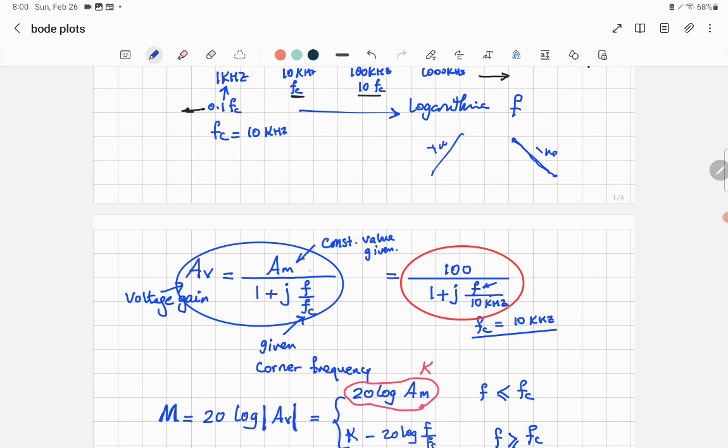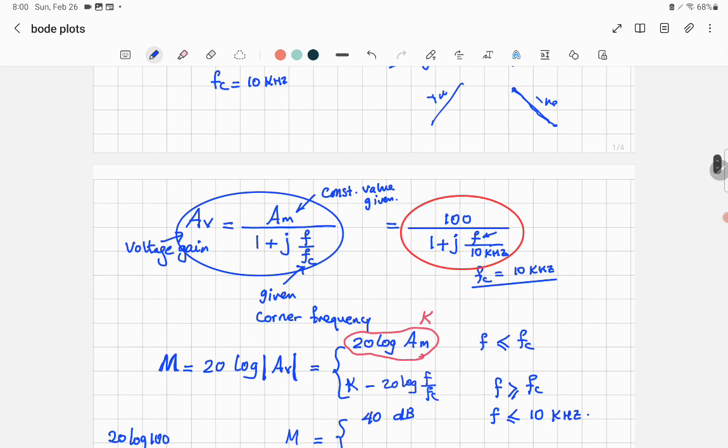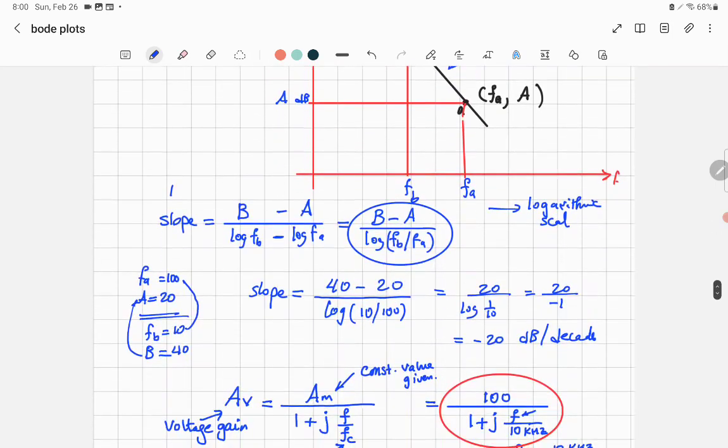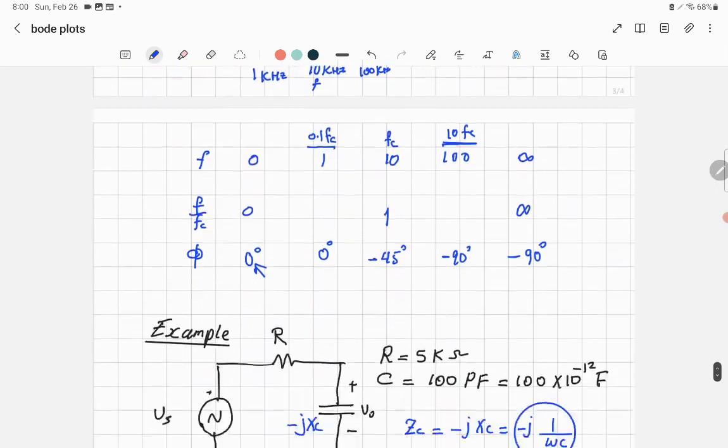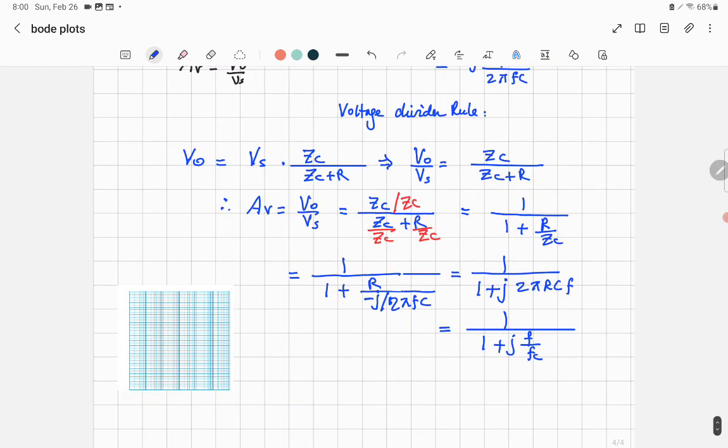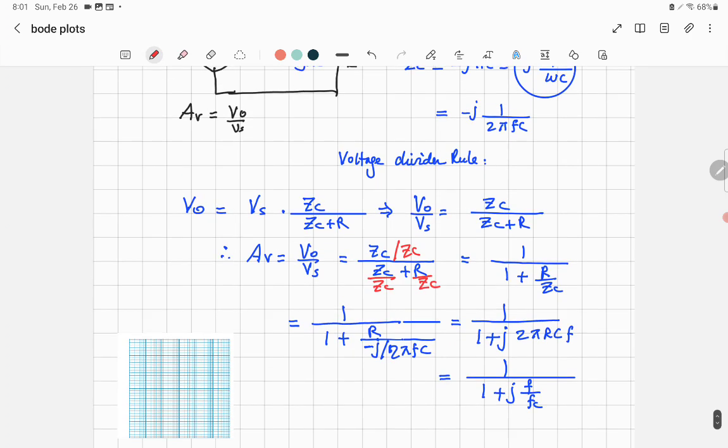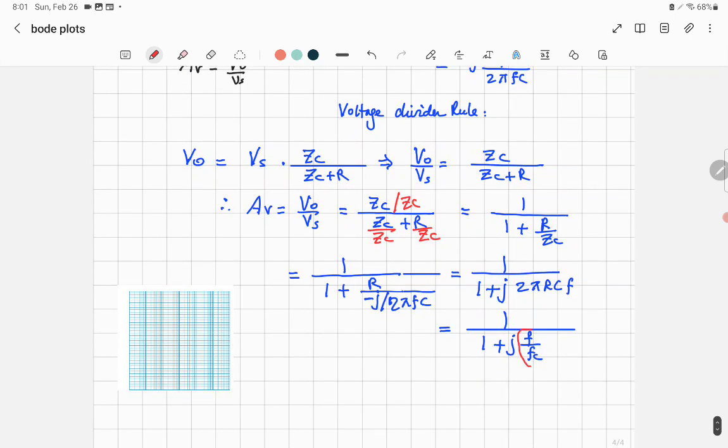1 plus j f over fc, and AM on the top. So I want to do that. I wanted this equation, I have 1 over 1 plus j, whatever, I want to make it f over fc. So just look for these two terms and compare them. Both are j, f over fc, so that should be equal to f over fc, right?